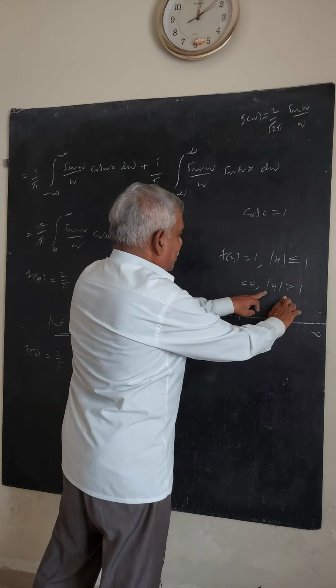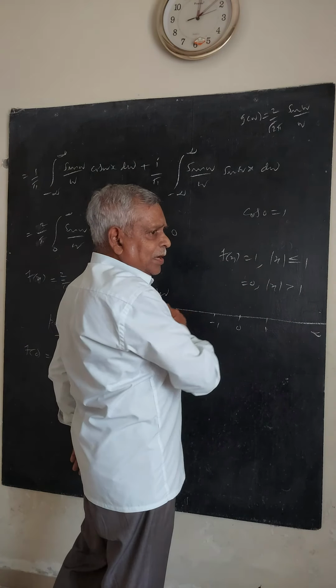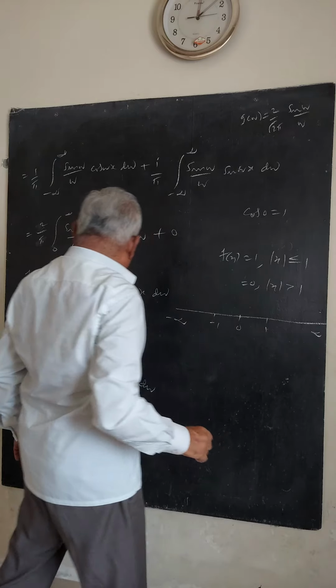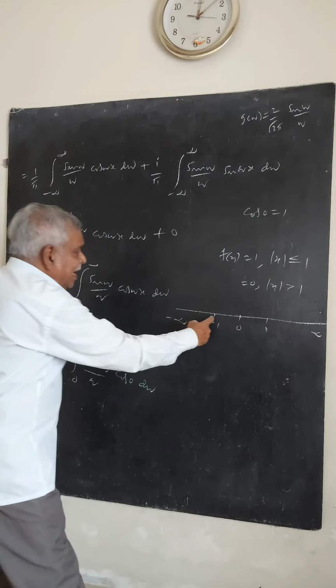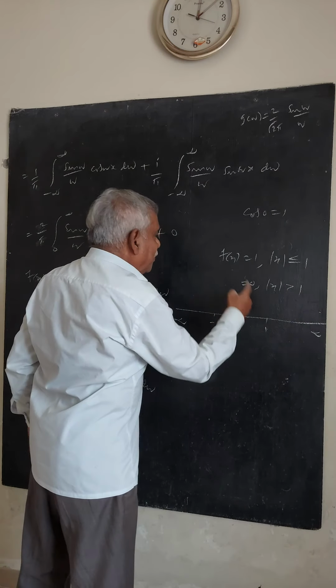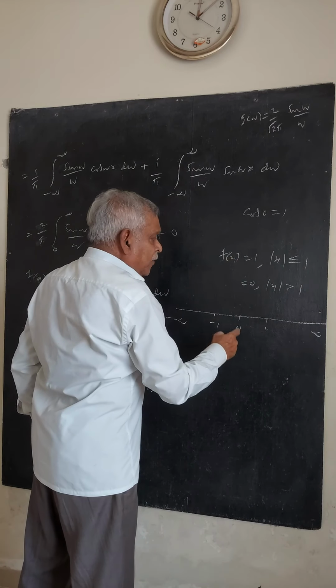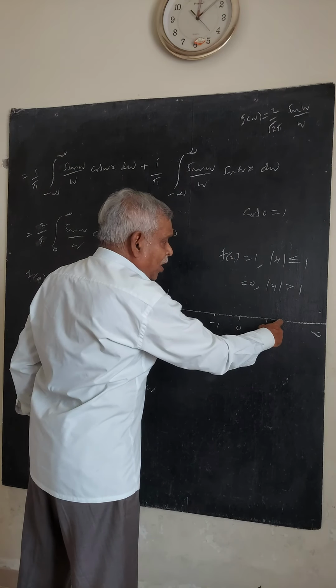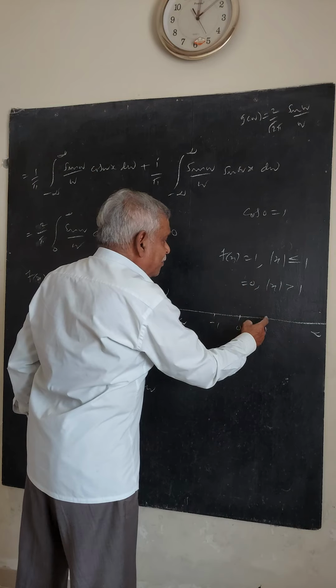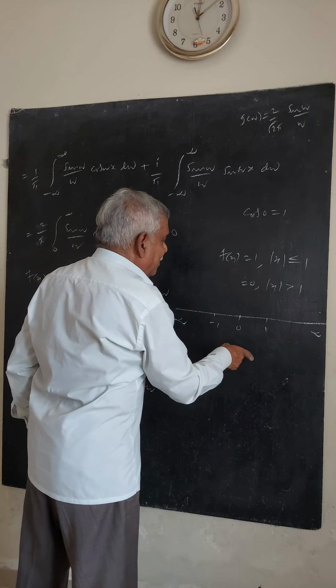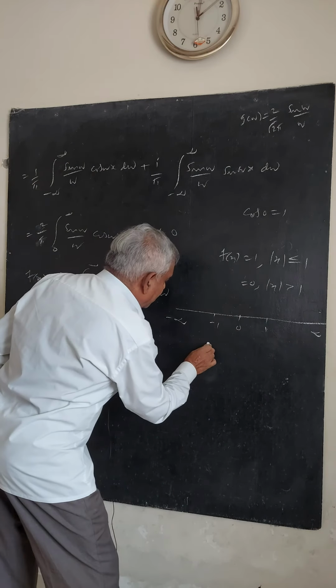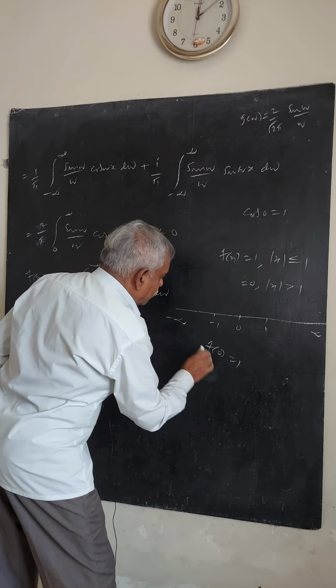Therefore, 0 lies inside this. 0 is inside, therefore we have to use the first integral only. If x is 2, we can't use this, it will become 0. Between minus 1 to 1, whatever the number may be, it will become 1. Therefore, f of 0 equal to 1.